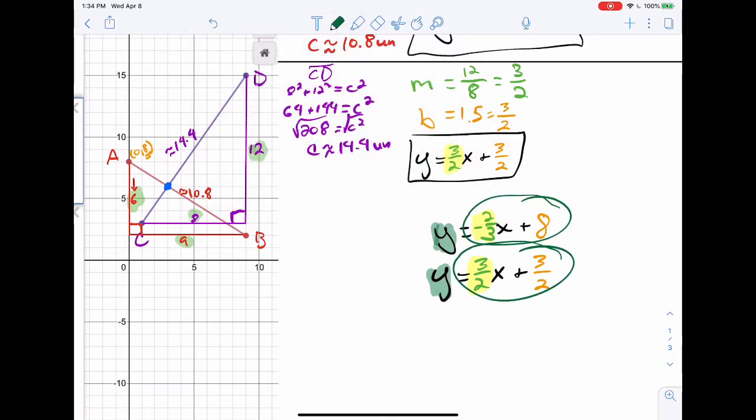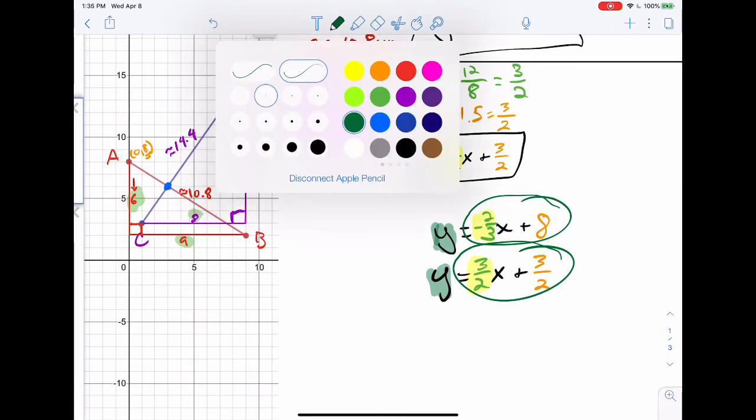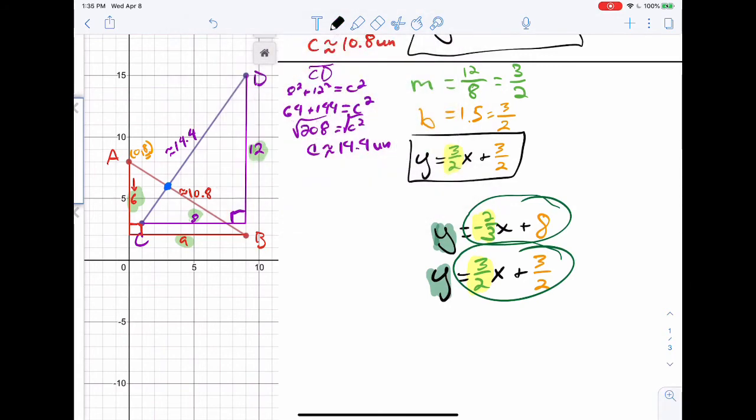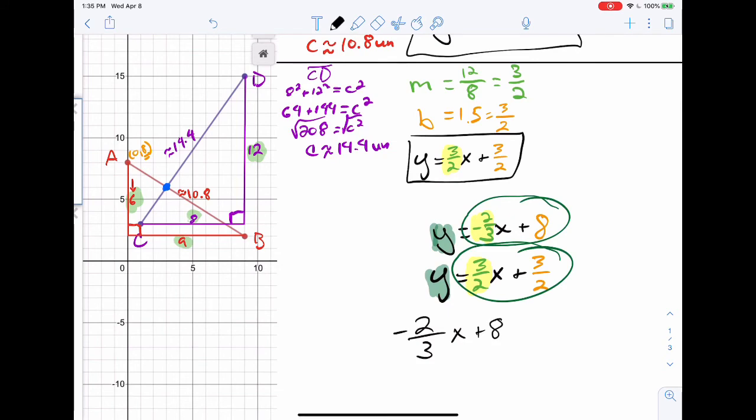So we just set those two equal to each other. So we have negative 2/3 x plus 8 equals 3/2 x plus 3/2. All right, and we go ahead and we solve for x. So I'm going to add 2/3 x.